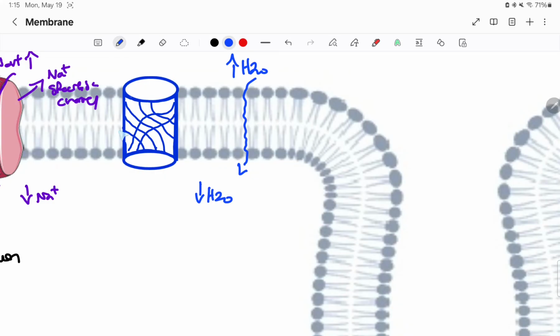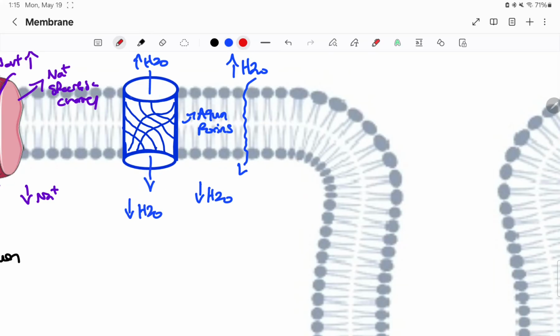But water can also get in in a more controlled manner, through protein channels called aquaporins. Again, it's in the name. Aqua means water. Porin is just a hole in the membrane. And you can see water goes from a high concentration to a low concentration.